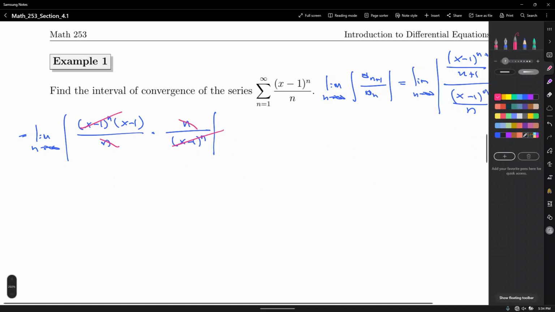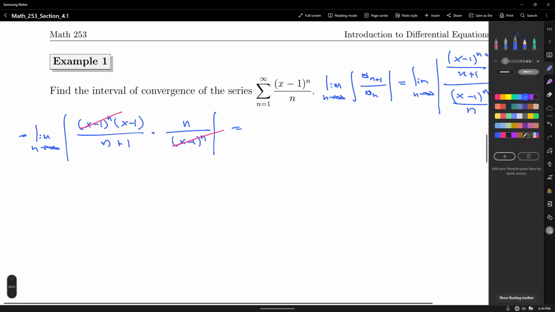Also cancel the factors and see what we get. Wait, hold on, what am I doing? n plus 1 here. Okay, n plus 1. That's the only thing we get to factor. Actually, much better.